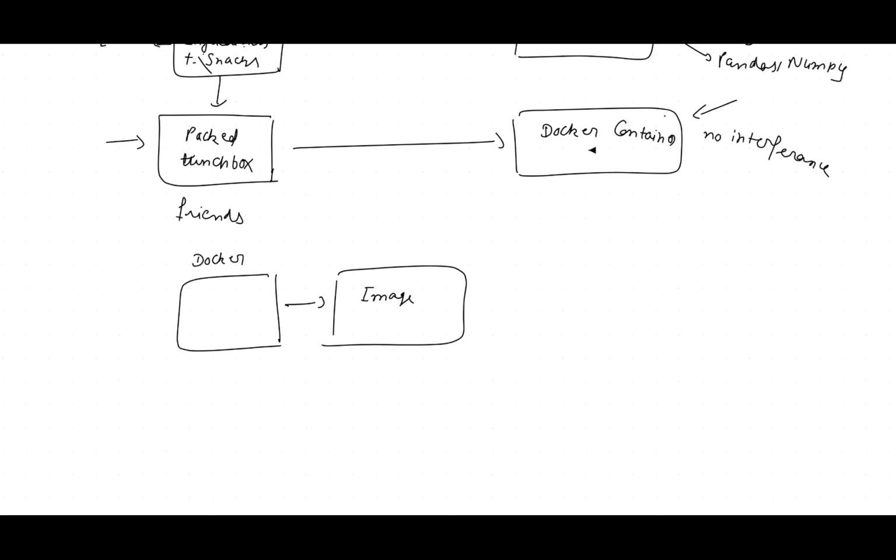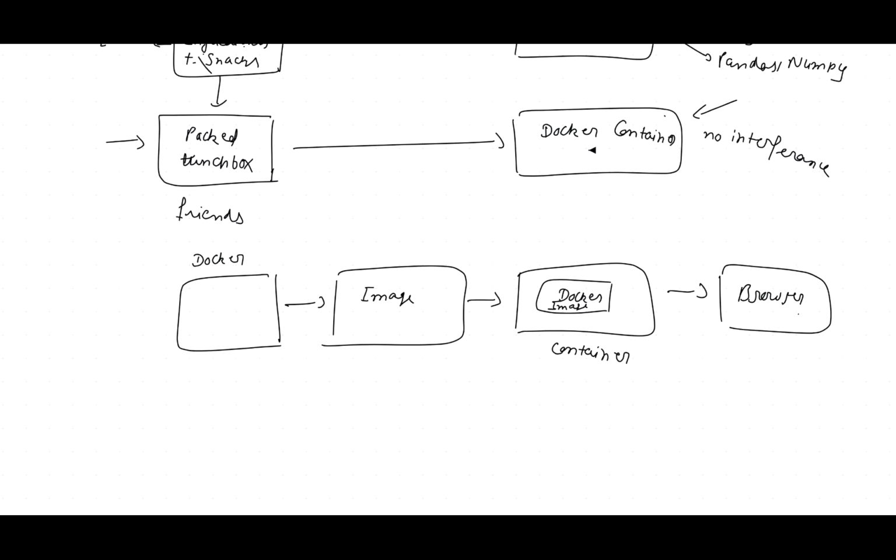And in technical term, it contains whatever files or dependency packages you require to run your model. And how do you run this? It will run inside the container. This is the image. Okay, it will run inside it. And this will output to the browser.